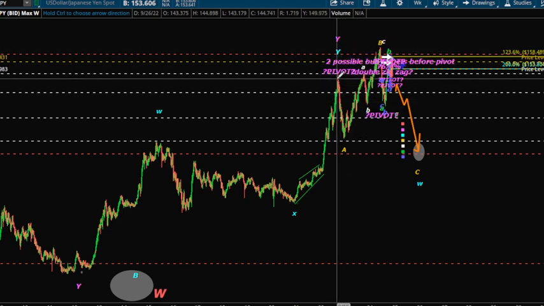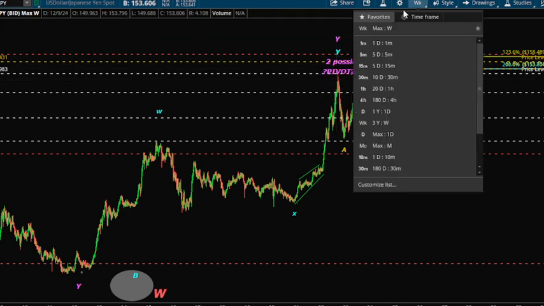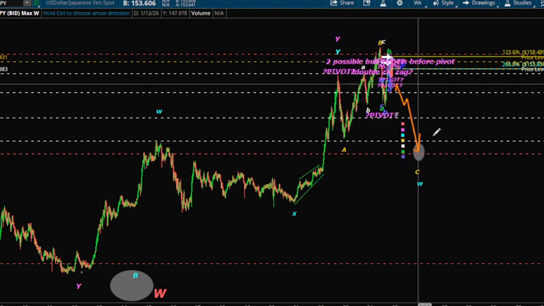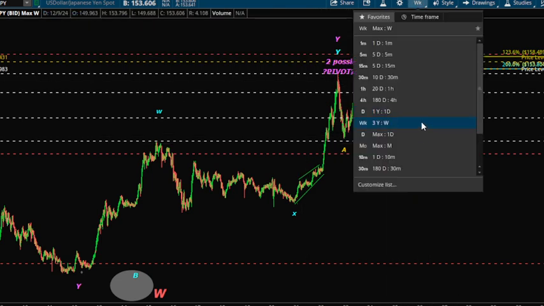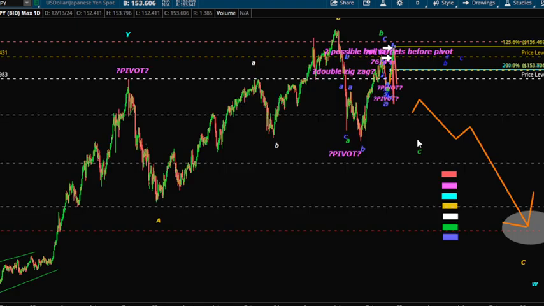So from there, we'll go to the daily time frame and look into the expanded flat, how that's progressing. And here's the pivot.